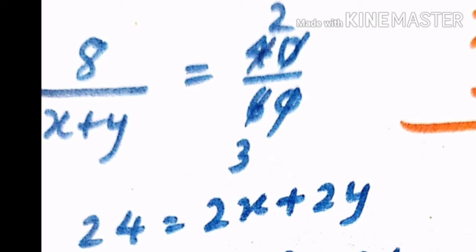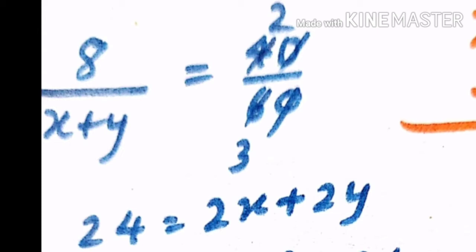We all know this formula, so I have used that formula. Distance is 8 km upon downstream speed x plus y is equal to the time. The time is given in minutes, but I have written km/h for speed, so I have to convert minutes into hours. For that, 40 divided by 60.